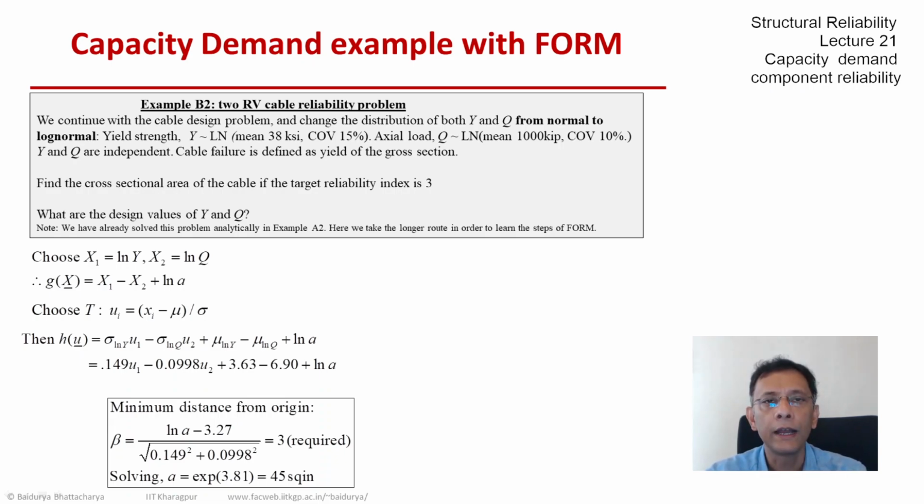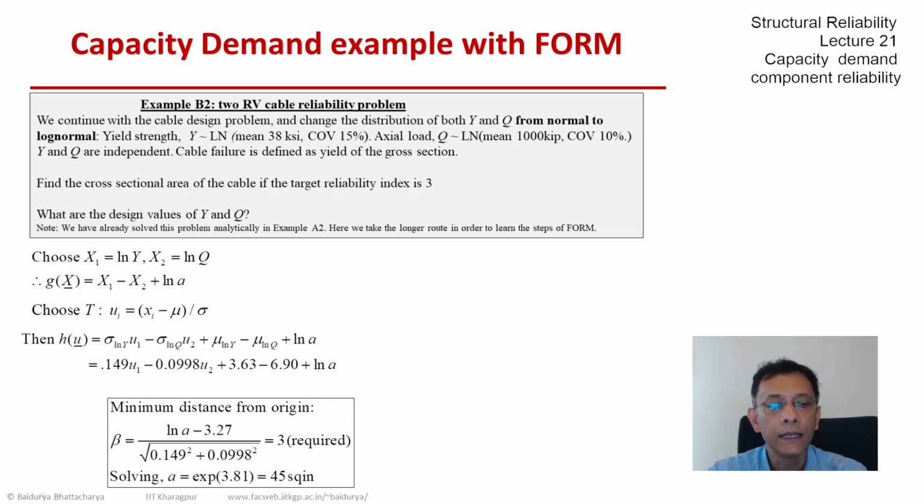We have to find the distance of a straight line from the origin, and we did the same thing in the previous problem. Here it's given in terms of log of a, and if beta has to equal 3, then that gives me a solution of a about 45 square inch, which is the only feasible solution.